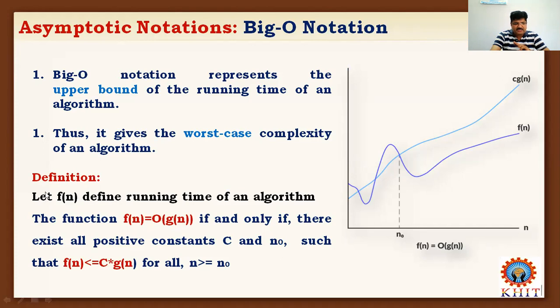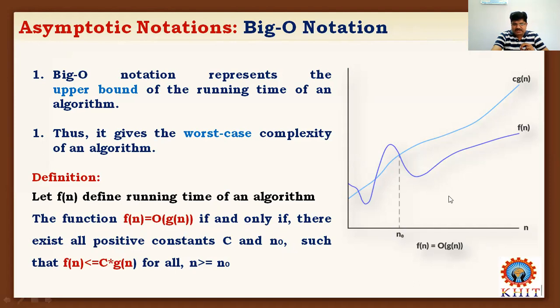Friends, remember this definition; it is very important for writing an examination. The function f of n is said to be big O of g of n if and only if there exist positive constants, C and n naught.